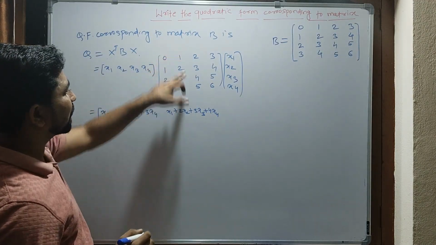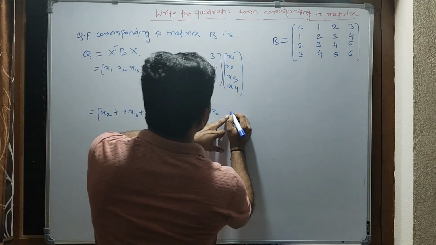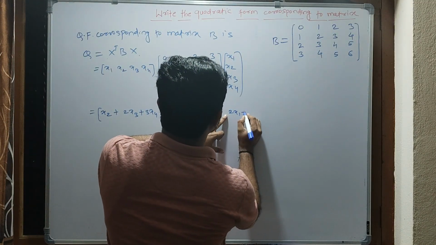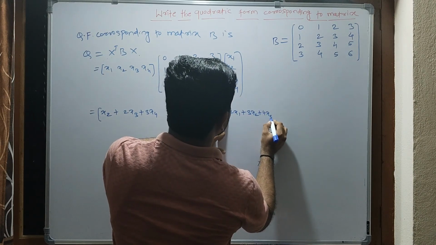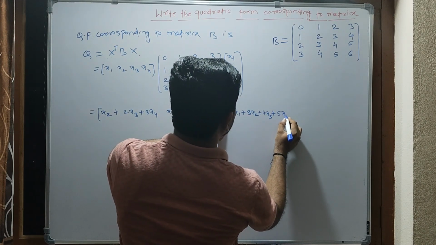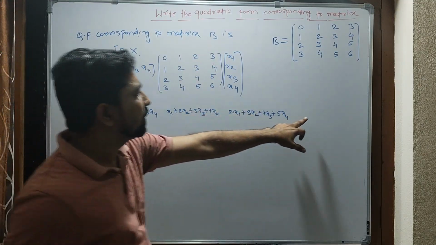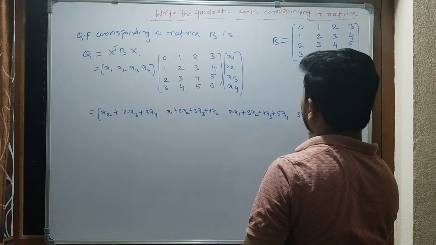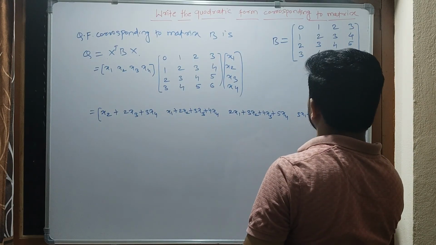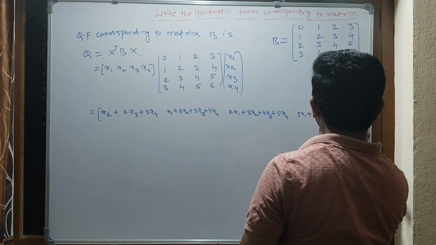First row third column is 2 times x1 plus 3 times x2 plus 4 times x3 plus 5 times x4. First row fourth column is my last position: 3 times x1 plus 4 times x2 plus 5 times x3 plus 6 times x4.